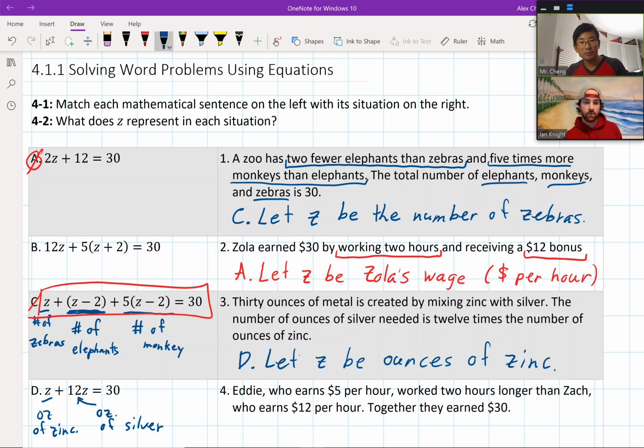Nice. All right, in this last one here, Eddie earns $5 an hour and worked 2 hours more than Zach, or longer than Zach. And we know that Zach earns $12 an hour, and together they earn $30.